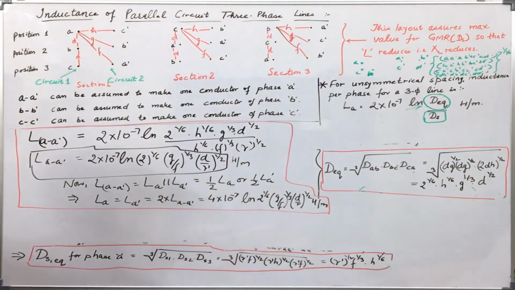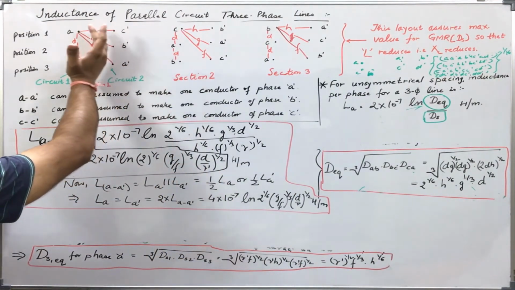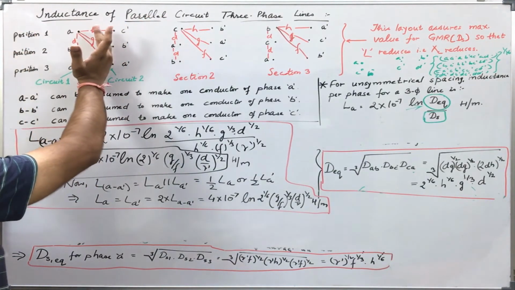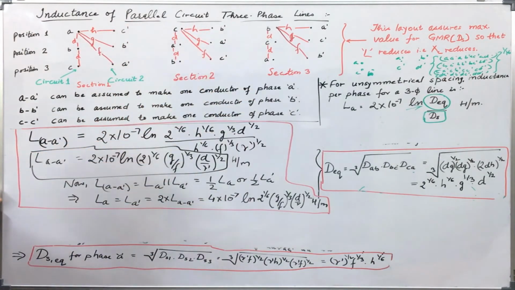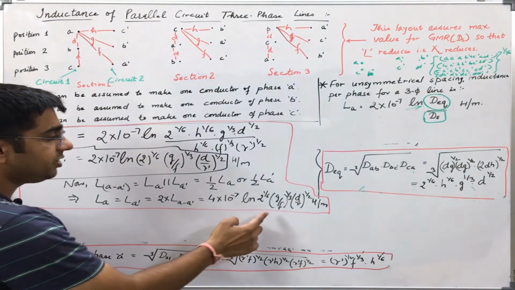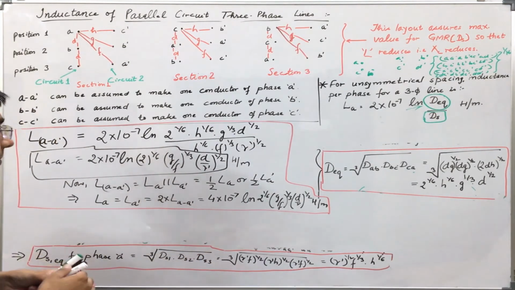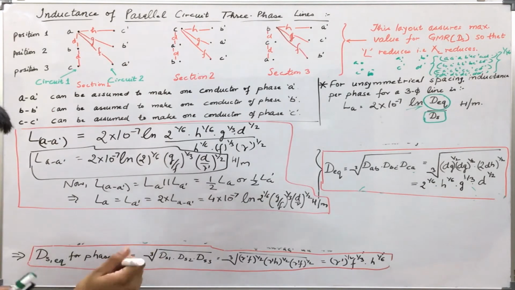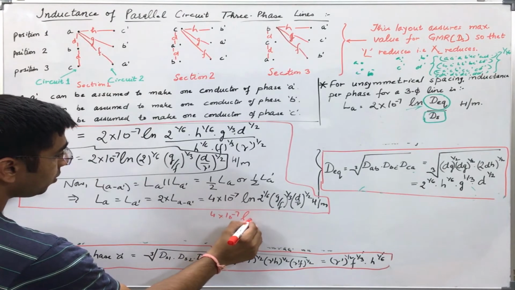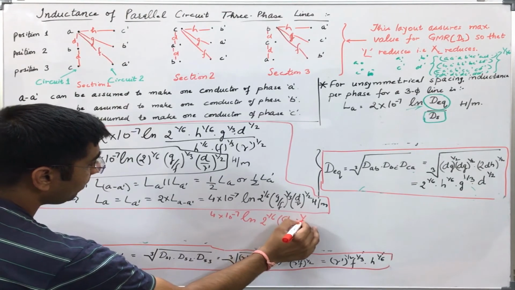Now there is one interesting thing to see. If I increase the spacing of these two transmission lines, that is, this line is on some other tower and this line is on some other tower, then G and F will tend to 1, that is, the ratio of G by F will tend to 1 only, and the value of inductance will be simply 4 into 10 to the power minus 7 natural log of 2 raised to power 1 by 6, D by r dash power 1 by 2.